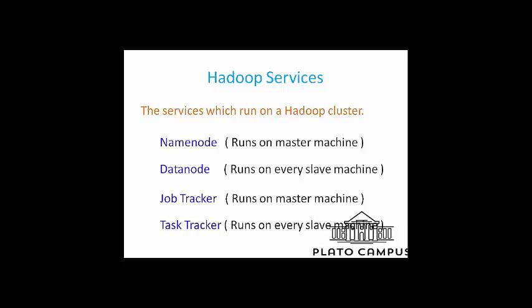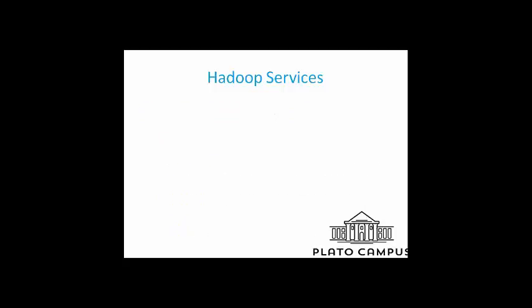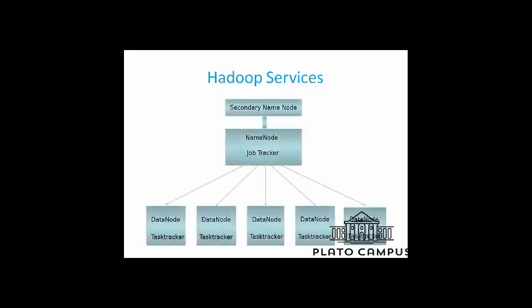So if you want to see it graphically, you can see this. We have a central box, that's my master machine. On master machine, master services are running, that is name node and job tracker. We have a secondary name node as well, that is the backup of master machine. And apart from master and backup master, we have 5 slave machines.